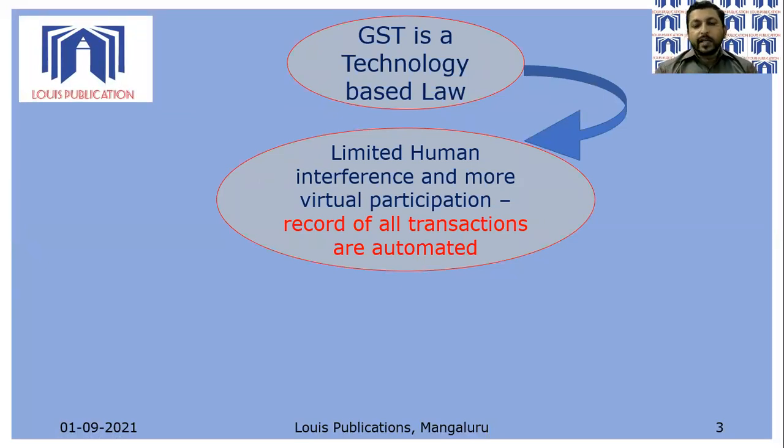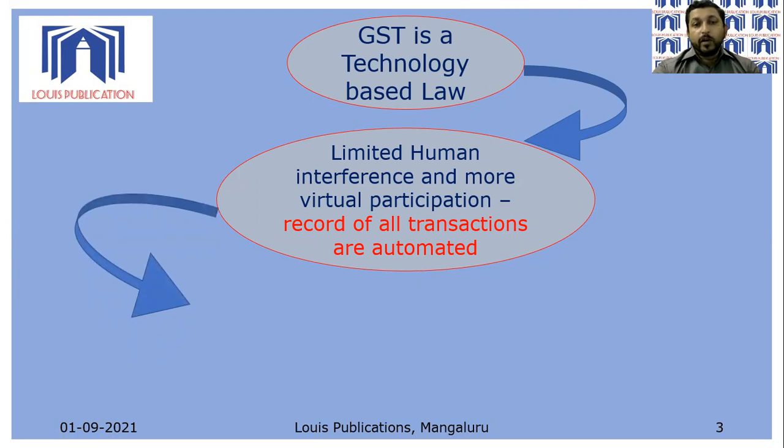Records of all the transactions are automated, whether it comes to payment of your GST amount, your refund, your electronic tax ledger, your reconciliation, or your matching of the receipts. Everything is done in a virtual mode, so there is absolutely no interaction at all between people. On some occasions, when there is an investigation, possibly at that point of time, there can be an interaction.